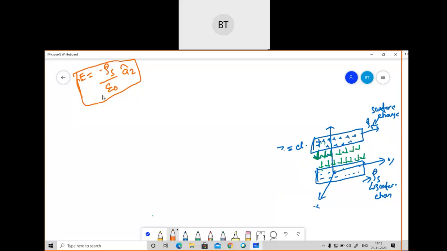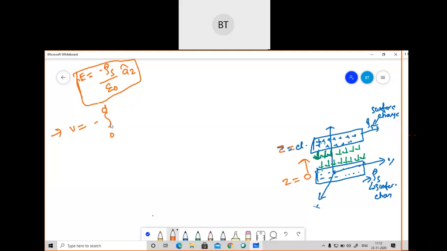Now in the next step, I am going to calculate the potential. After calculating the electric field, I will calculate the potential, which we denote by V. V will be equal to minus the integral with limits 0 to d, since the upper plate I have put at z equal to d, and the lower plate at z equal to 0, so it varies from 0 to d.